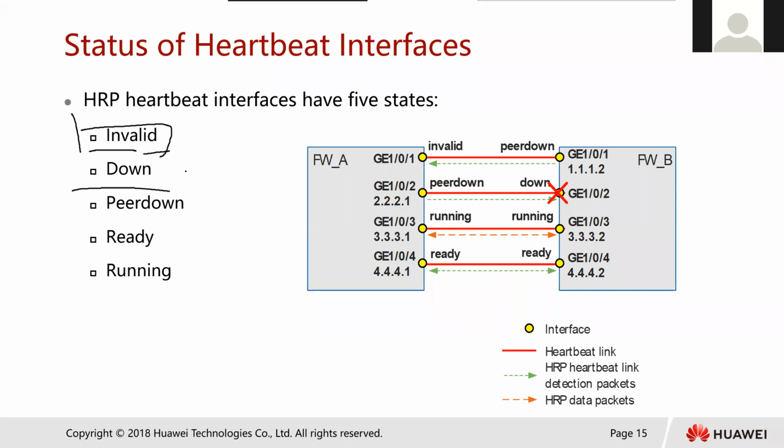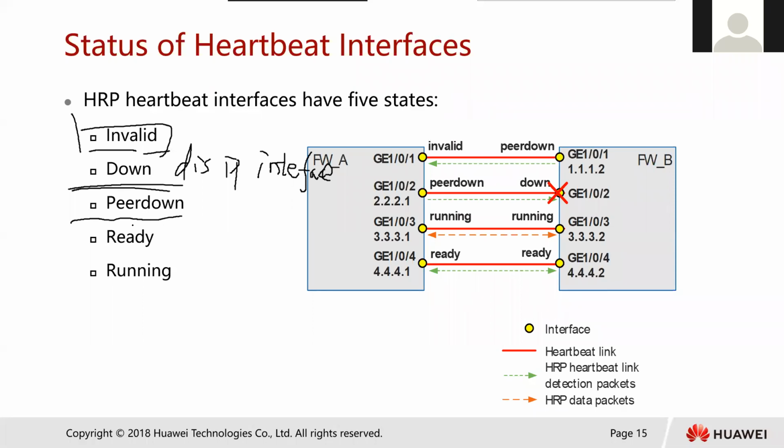When we use the display ip interface command, we can see that each interface has an interface layer and a protocol layer. If the interface layer and protocol layer are both down, we call it the down state.